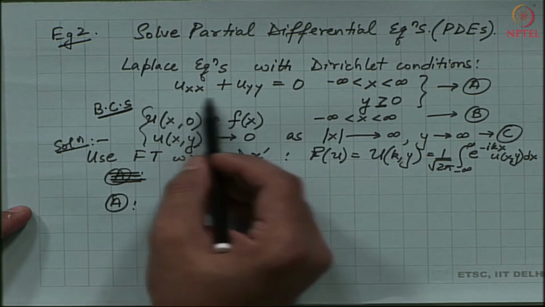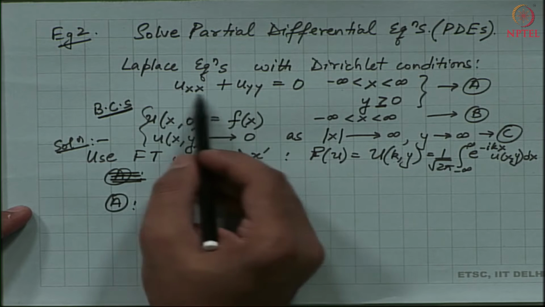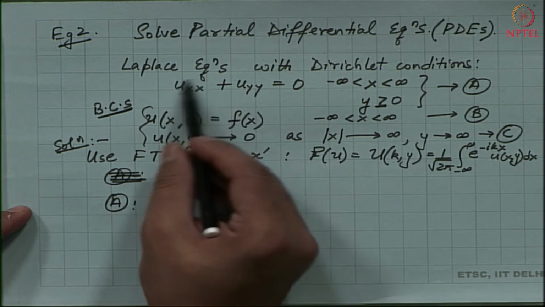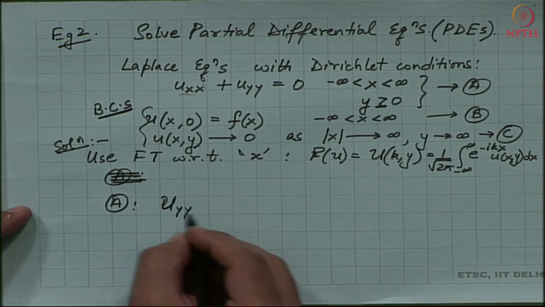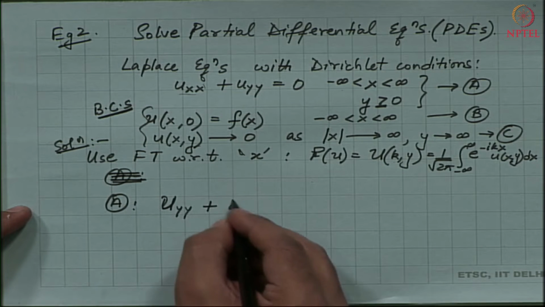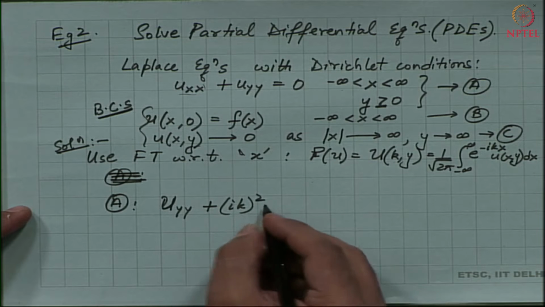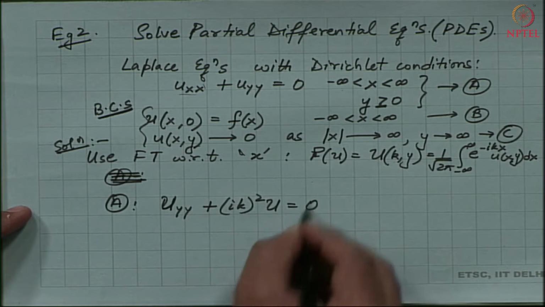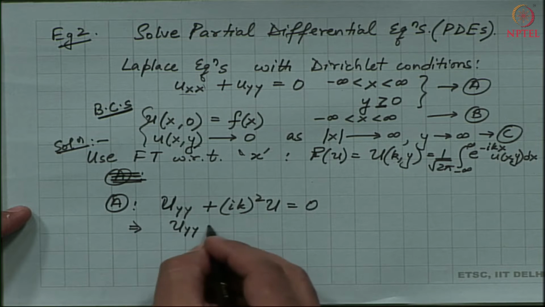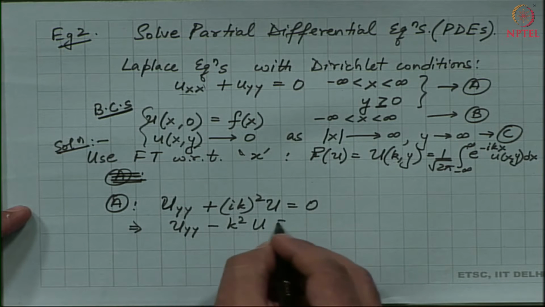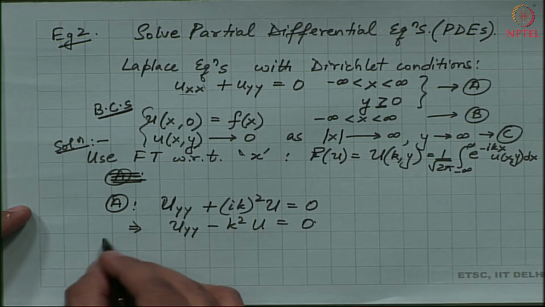If I apply the Fourier transform and use the derivative results for the Fourier transform, I get U yy plus i k squared U equals 0, or equivalently U yy minus k squared U equals 0.